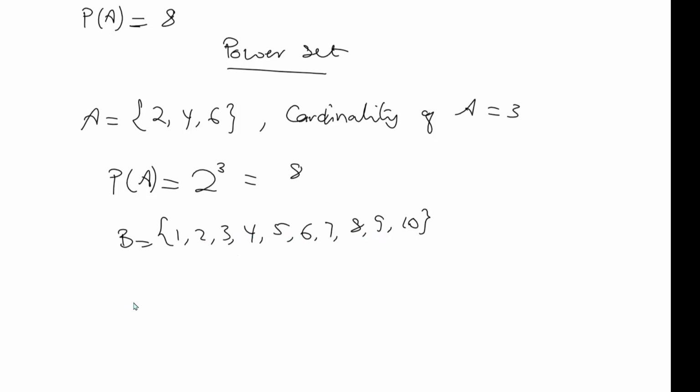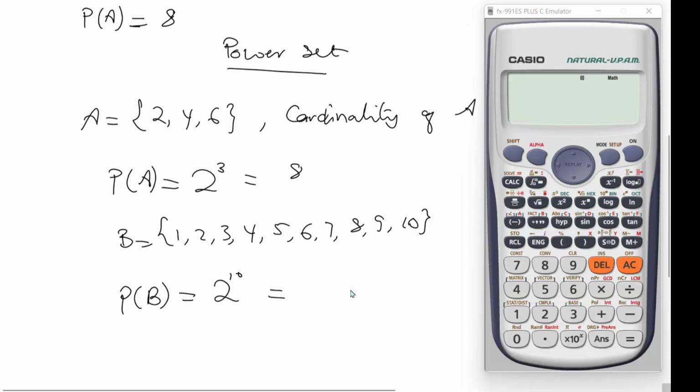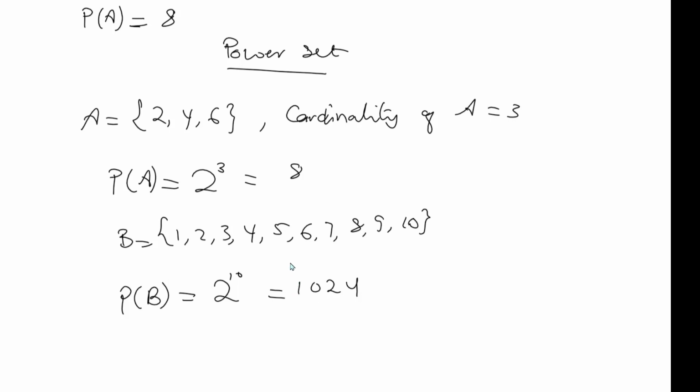So the power set of B will be equal to what? 2 to the power 10. And 2 to the power 10 is equal to, let me bring the calculator. Okay, so 2 to the power 10 will give me 1024. So there are 1024 subsets in a set containing 10 elements.